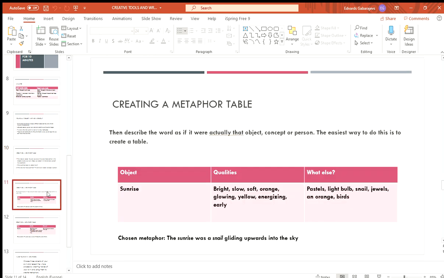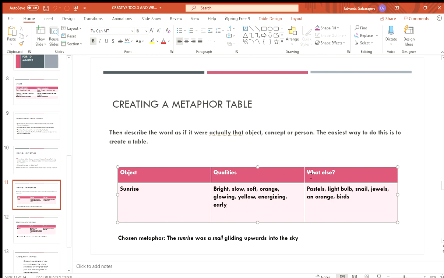To illustrate this, take a look at this table here. The object they took was sunrise. They wrote the qualities that sunrise possesses, right? So it's bright, slow, soft, orange, glowing, yellow, energizing, early. Whatever qualities come to your mind, you can write them down here in the qualities of your object.